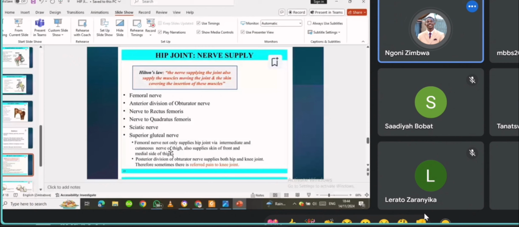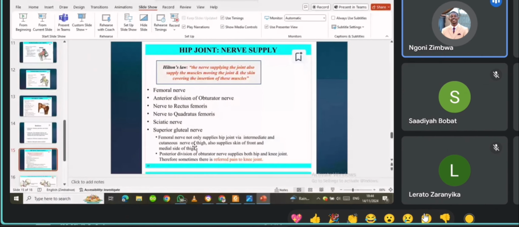If there is a hip disease or a dislocation of the hip, we are also going to affect the anterior and the medial portion of the thigh cutaneously, because the femoral nerve sends the intermediate cutaneous nerve as well as the medial cutaneous nerve. So you can have pain sent to the anterior portion of the thigh as well as the medial portion of the thigh.